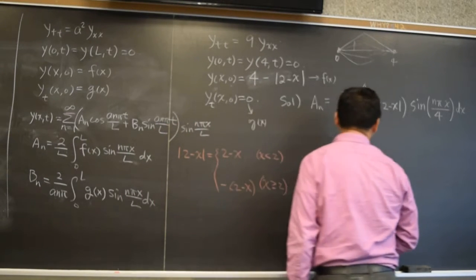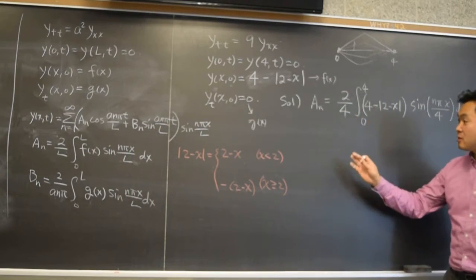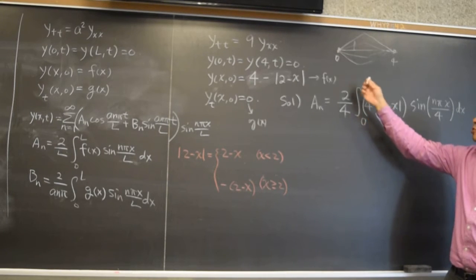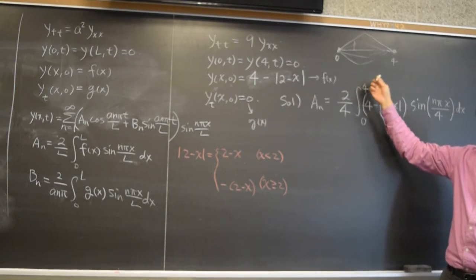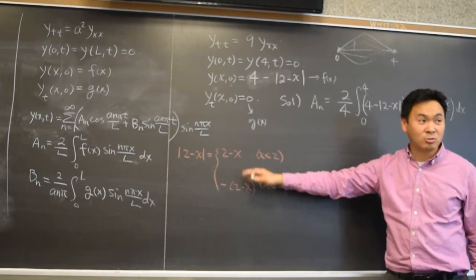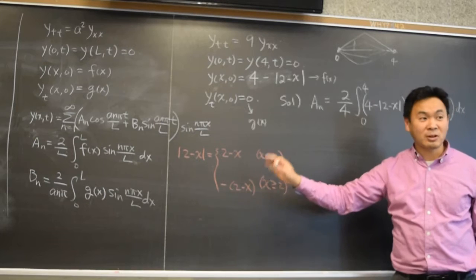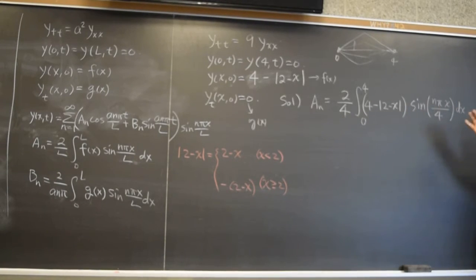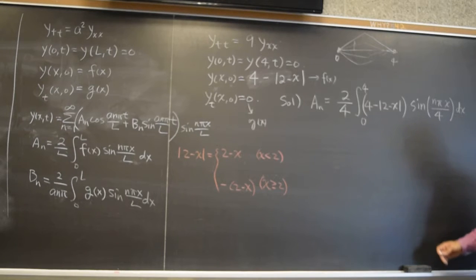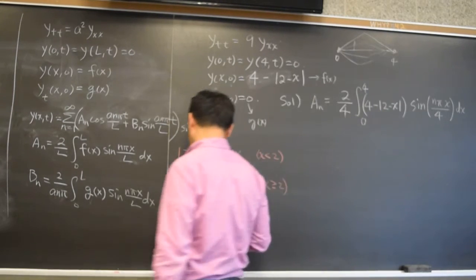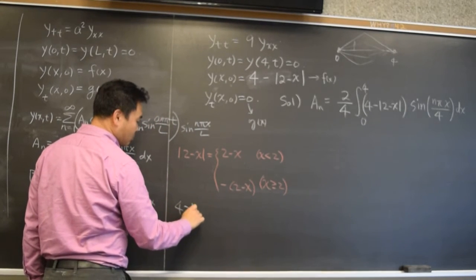And therefore, when you do this integral, you should split it into an integral from 0 to 2 and 2 to 4. Then you will need to use these two different definitions of the absolute value of 2 minus x, and afterwards you should calculate. Okay, let's go a little bit more. What is 4 minus the absolute value of 2 minus x then?